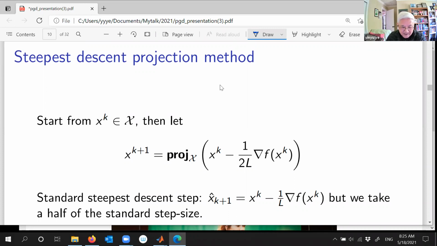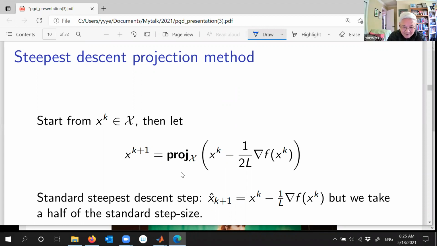In the steepest descent method, the easy step size, if we know L, is just 1 over L. But here we take 2L, because that's the difference for this steepest descent projection method. Once we get this steepest descent step, we just project back to the feasible set.